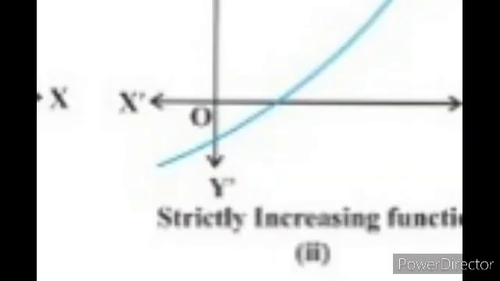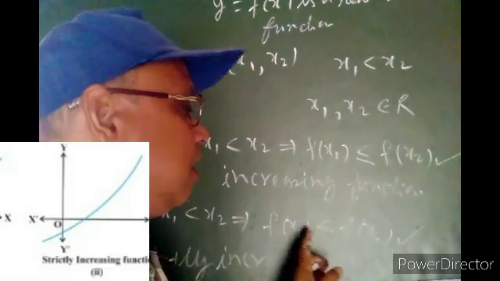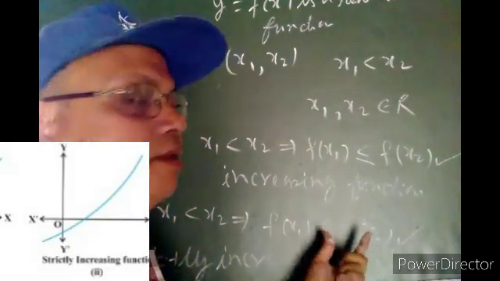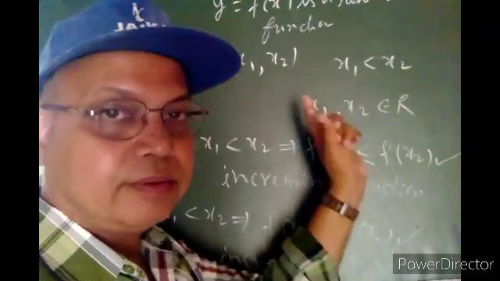This type of function is only increasing, and this type of function is a strictly increasing function. Understood? Here you should bear in mind that x1 and x2 are real numbers, and these are intervals. Between these intervals, this function is defined.